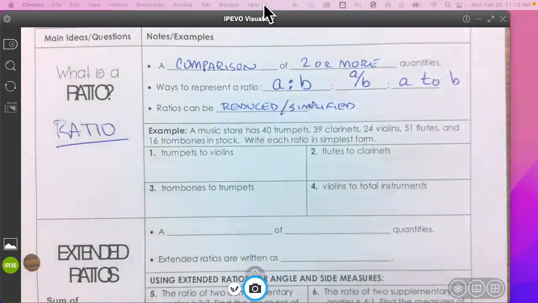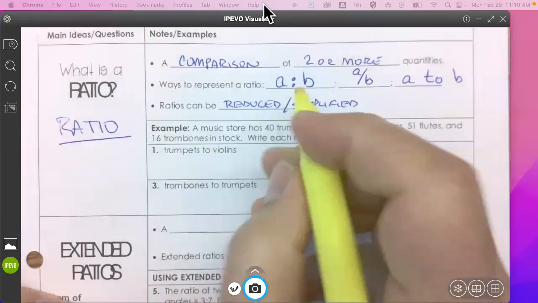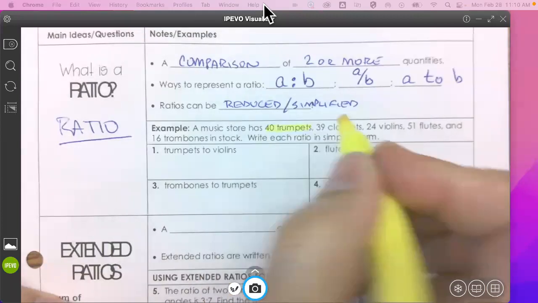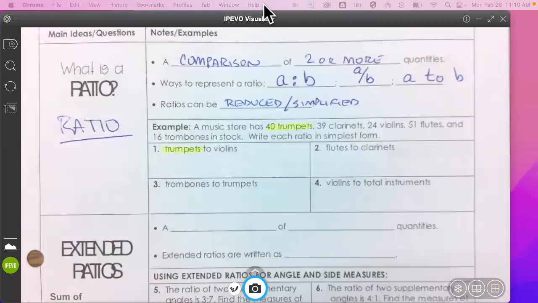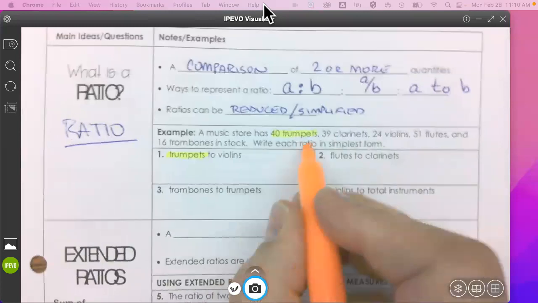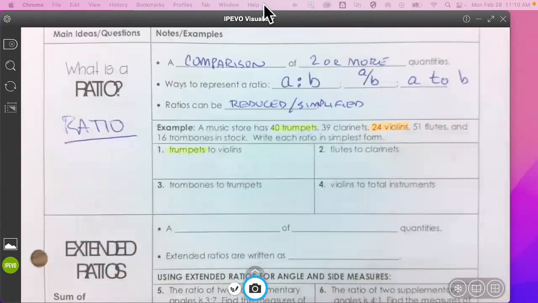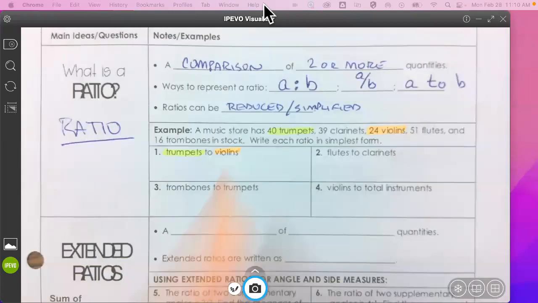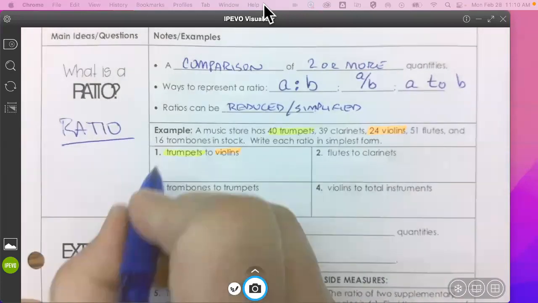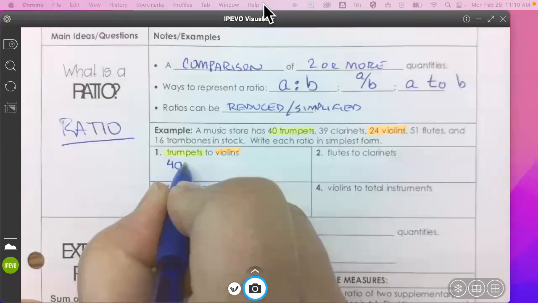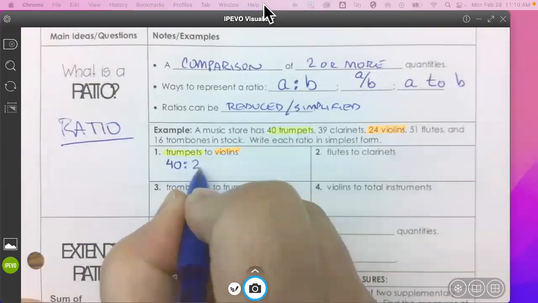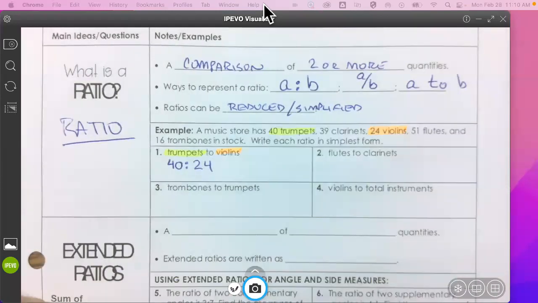So for example, if I look at a music store that has 40 trumpets and I'm asked to exhibit a ratio of trumpets compared to violins, and it's got 24 violins, then I could express it as 40 trumpets to 24 violins.